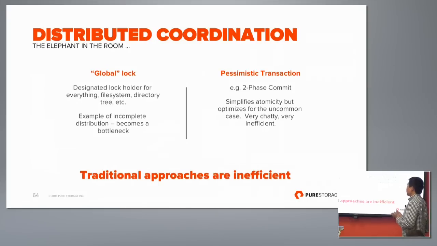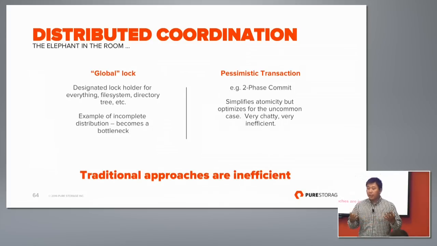The other approach that we see out there is really a pessimistic model for coordinating distributed transactions. And I think the best example of this is the two-phase commit protocol. This is something that has come out of the database world. It's very popular. It simplifies the implementation and atomicity, but it comes at a cost, and that cost is essentially optimizing for the uncommon case.